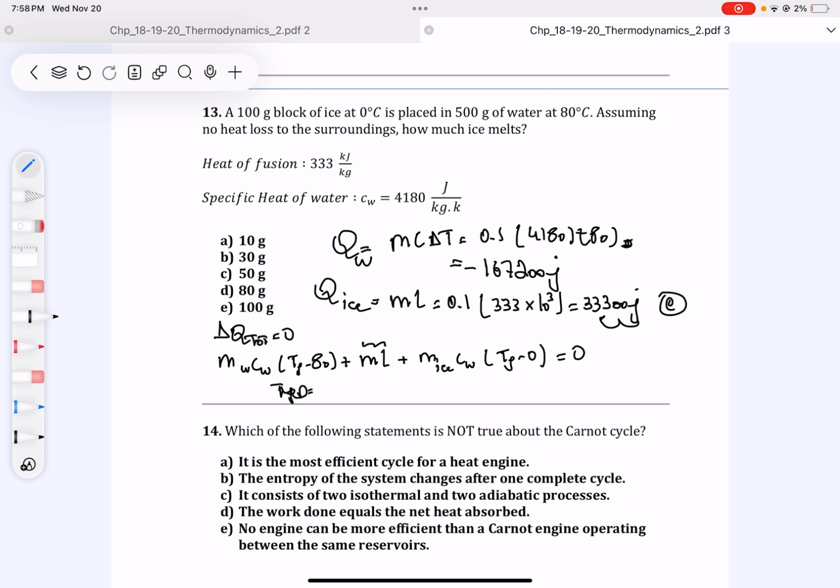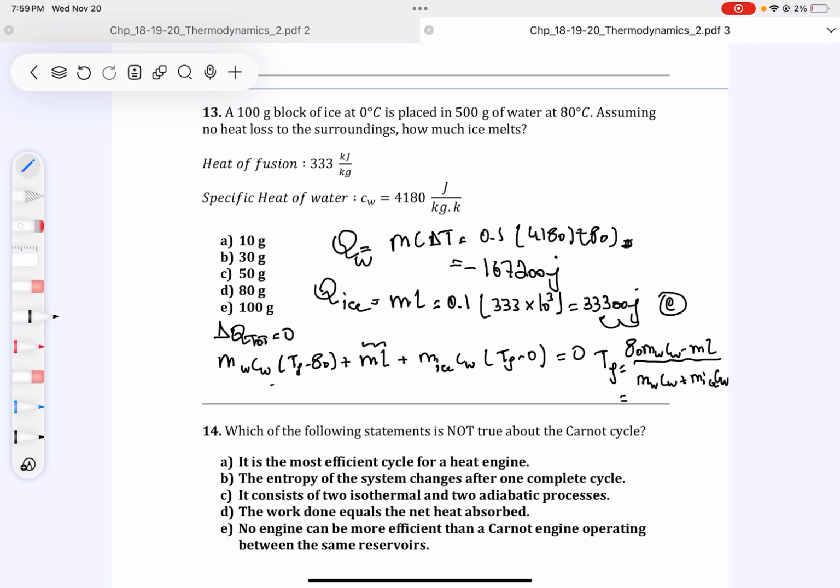Okay, let's do some mathematics. T final is equal to (80 m_w c_w minus mL) over (m_w c_w plus m_ice c_w).